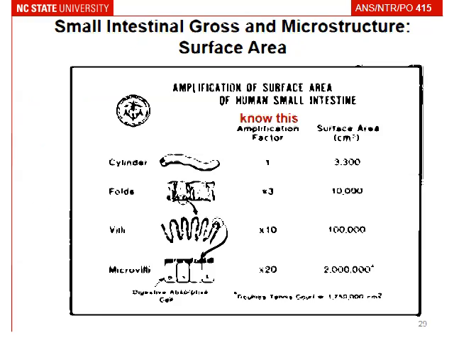All of this ends up increasing the surface area of the small intestine. If we were to have just a cylinder, we would have an amplification factor of 1. Then when we add in the folds found within the small intestine, that increases the surface area by 3 times.